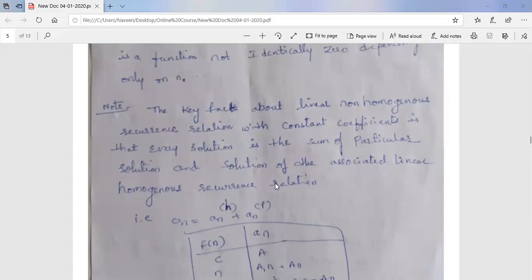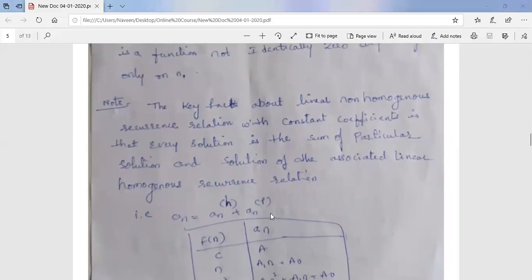The solution is a_n = a_n^h + a_n^p. The first term is the associated solution to the homogeneous recurrence relation, and the second term is a particular solution.